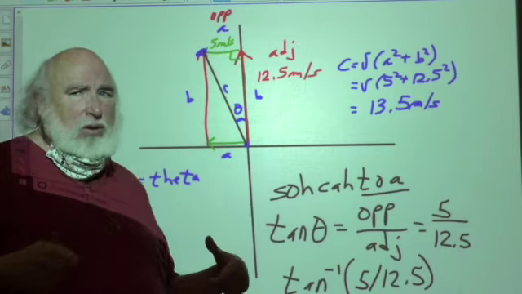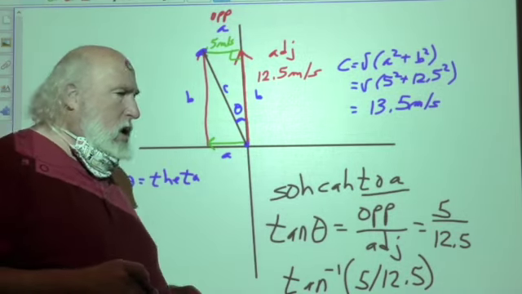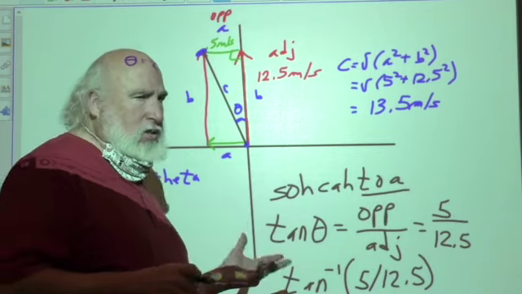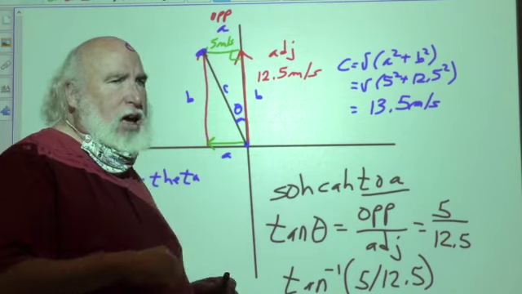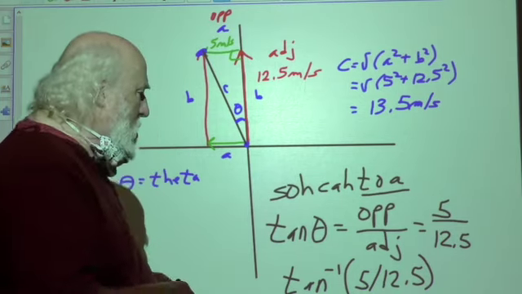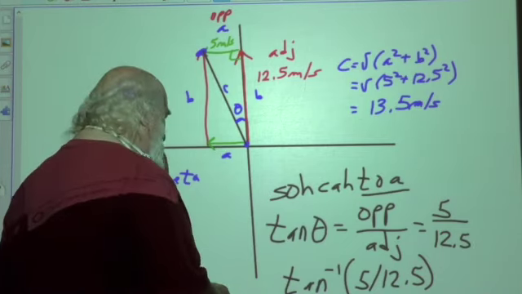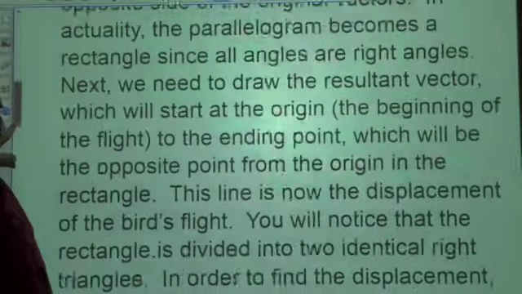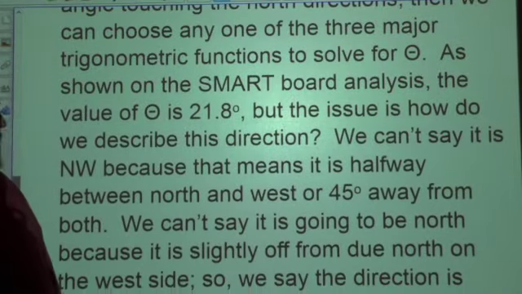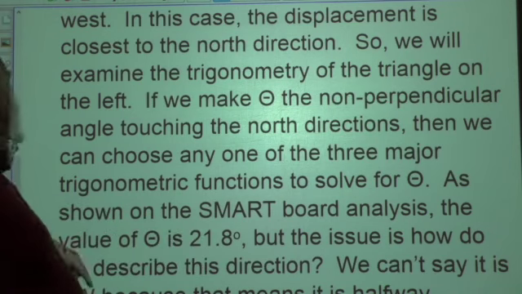So you calculus people, and I would say it's all but maybe 4 or 5 people in calculus as well as taking this, you need to make sure that you're checking before each class that you have the correct mode for your angles. So we hit the inverse tangent of 5 over 12.5, which I've done over here, and I get a value of 21.8 degrees.